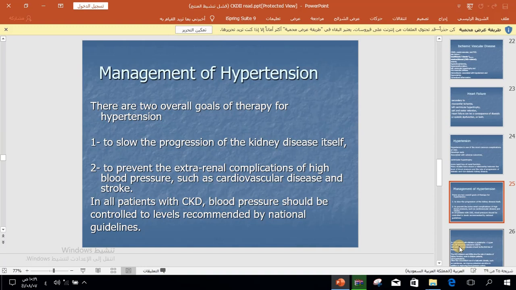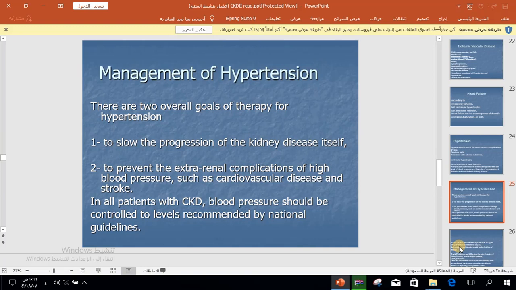To keep this, we need to start at a very low dose and go up very slowly at 1 or 2 week intervals. We increase the dose, keeping an eye on potassium and creatinine.